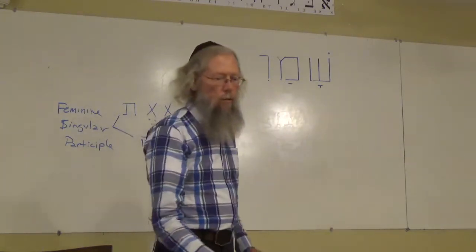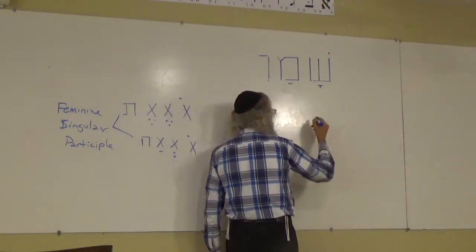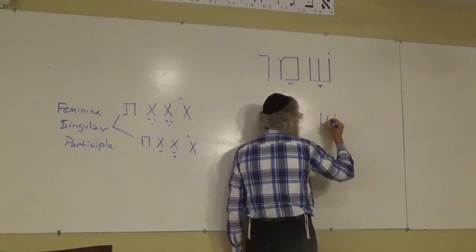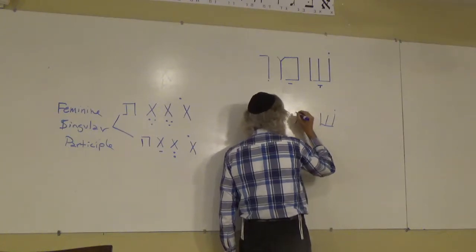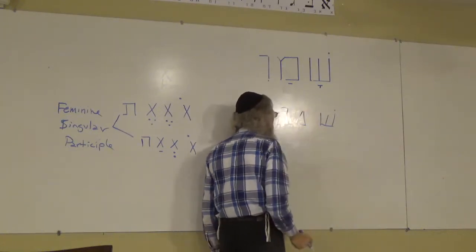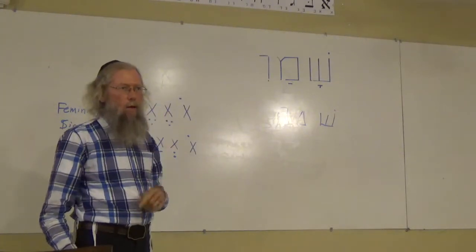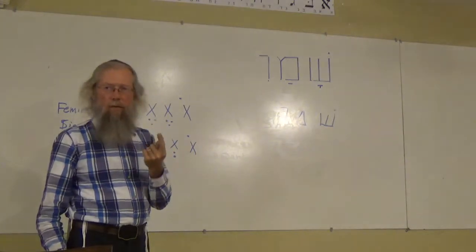Okay, so let's do plural feminine, and then I'll show you some. All right, we're going to pluralize this in feminine form. So first of all, it's a participle. What do you have to have?